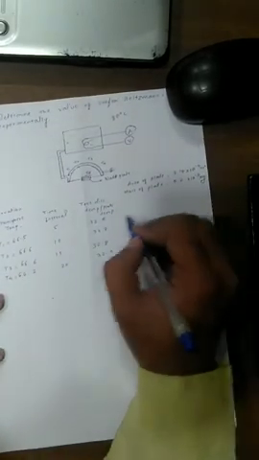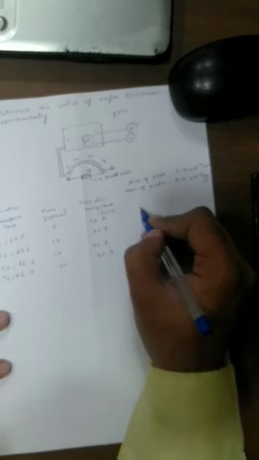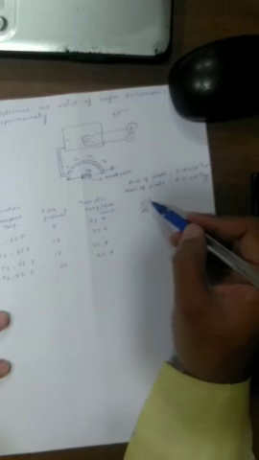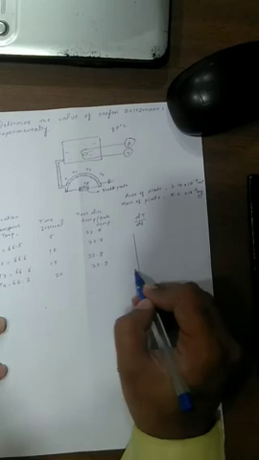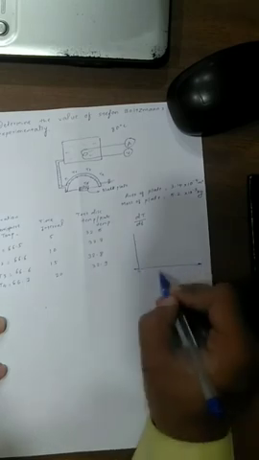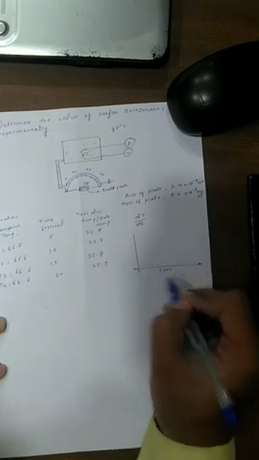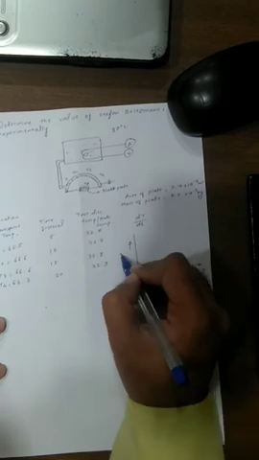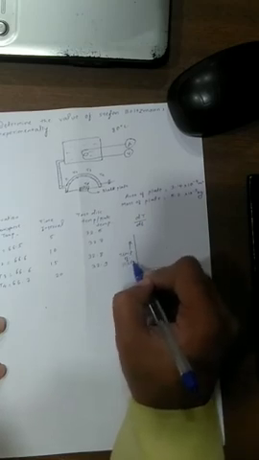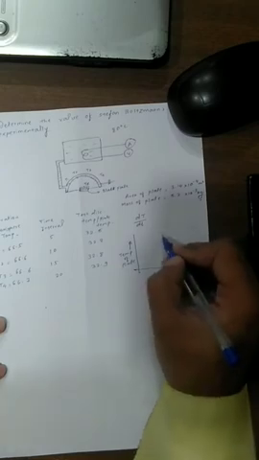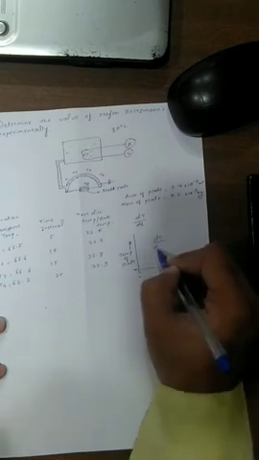Now we are going to find out the value of dT by dt. The dT by dt represents the slope of a curve plotted between temperature and time. So we are going to plot a graph between temperature of the plate and time, and from this we are going to find the slope.